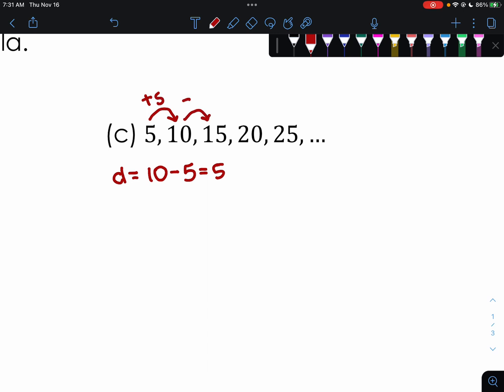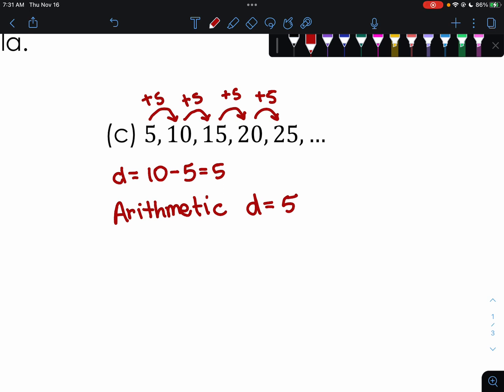From 10 to 15, I add 5. From 15 to 20, I add 5. And from 20 to 25, I add 5. So this is an arithmetic sequence with a common difference of 5.